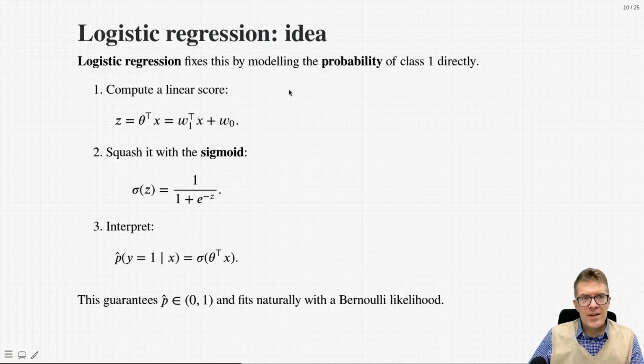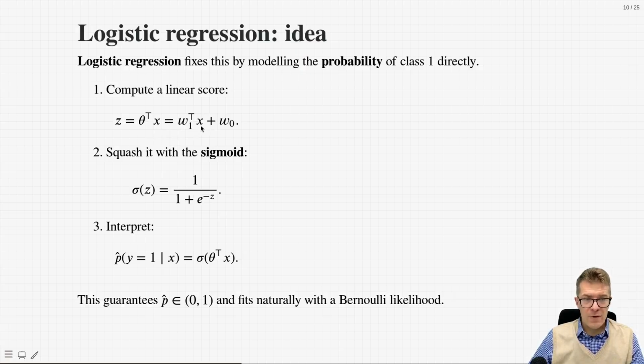So the general idea behind logistic regression is that it fixes the various problems of linear regression by modeling the probability of a class, specifically the class 1, directly. We're going to do this in a few steps. The first step is I'm just going to gather in my parameters like I did previously, again linearly.